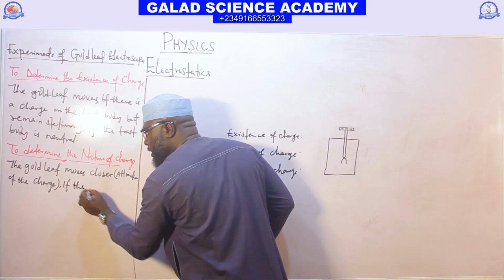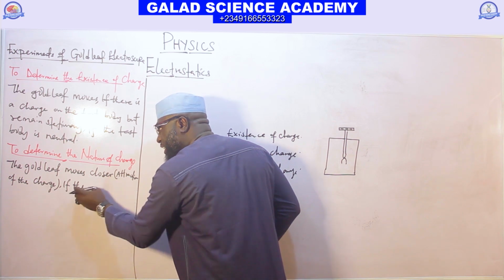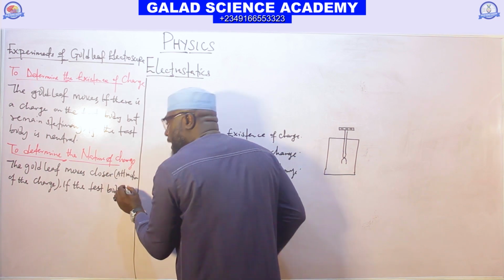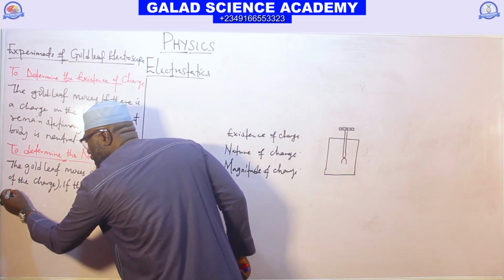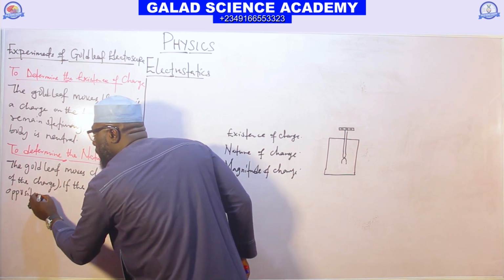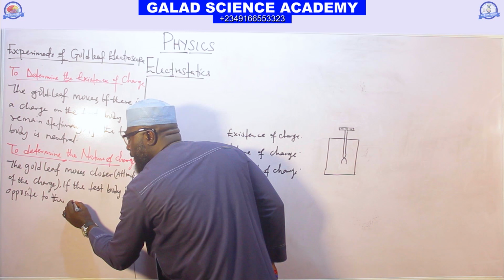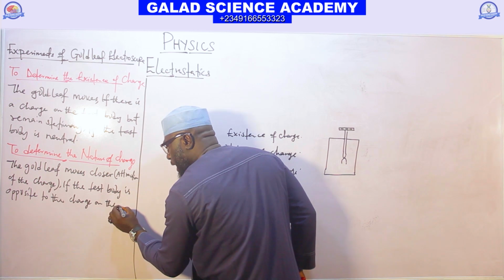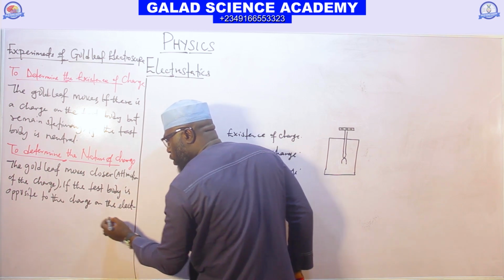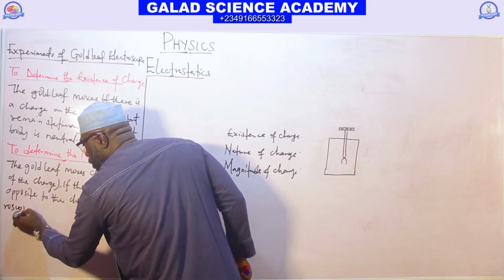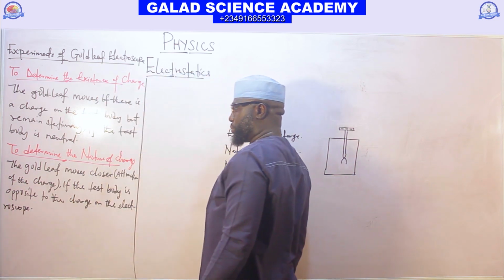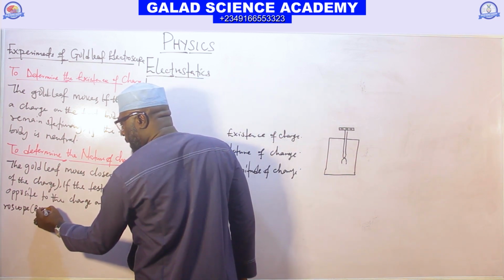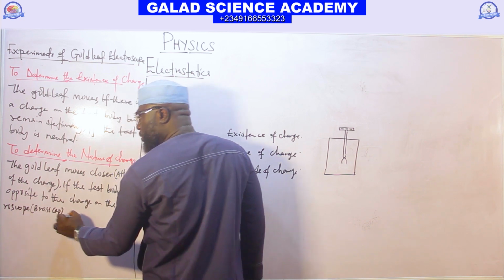If the gold leaf moves closer, the test body is opposite to the charge on the electroscope, which is the brass cap.